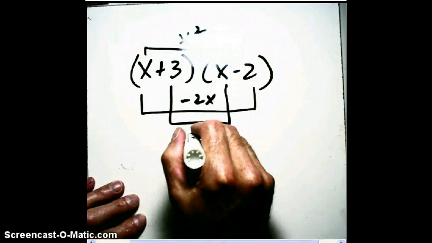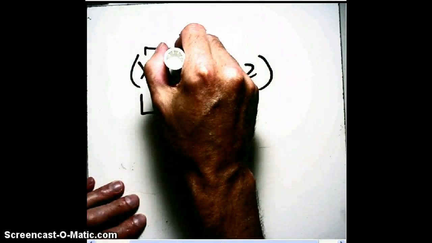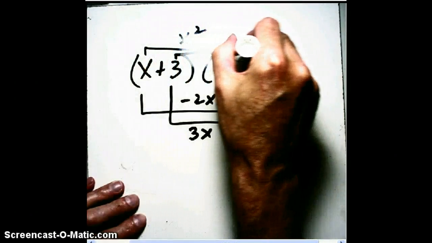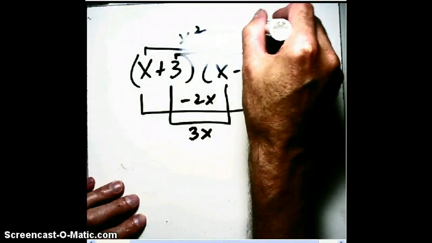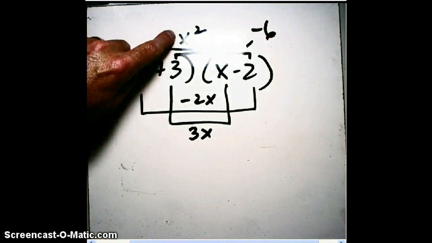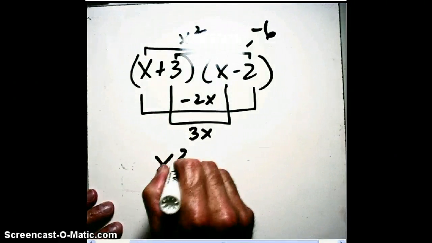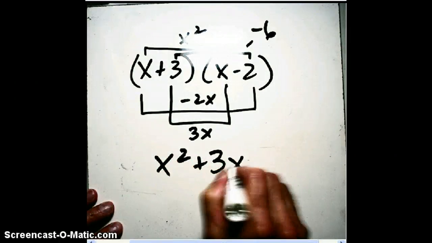That would be 3x. And let's multiply the lasts. That's negative 6. Now we could put this expression together: x squared plus 3x minus 6.